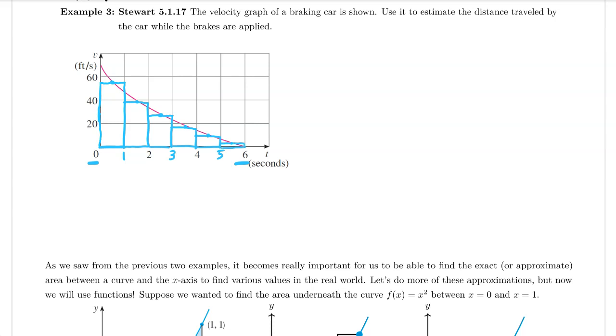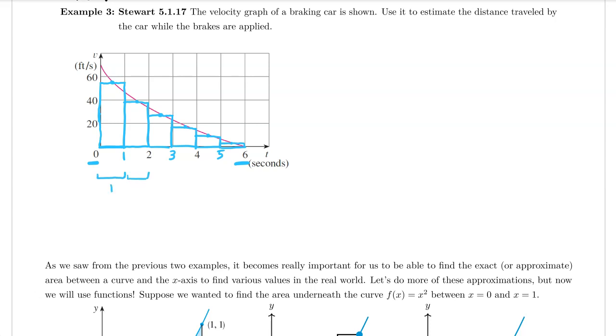Okay. The nice thing about trying to estimate the area under the curve this way using rectangles is a rectangle is a shape we know the area of. It's base times height. And another nice thing is we've dissected or split up our interval from 0 to 6 in a way where each of our subintervals has a base or width of 1 unit.